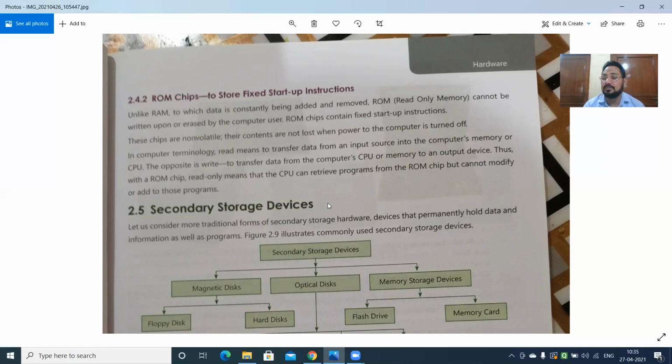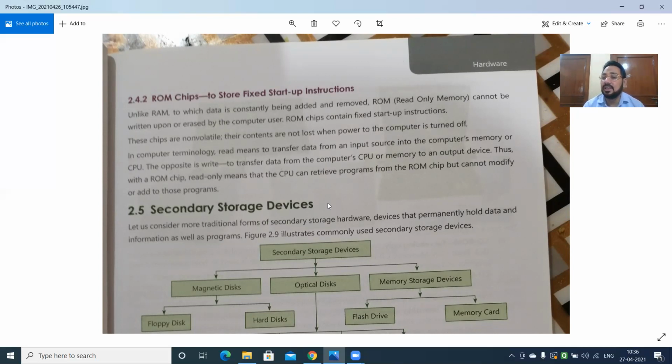So here, the ROM chip has some instructions stored in it. When our computer starts, the microprocessor gives an instruction to the ROM chip, and the program written in the ROM is automatically executed.